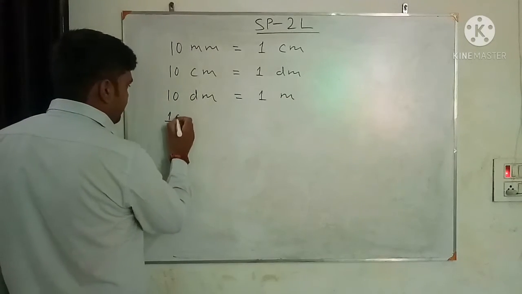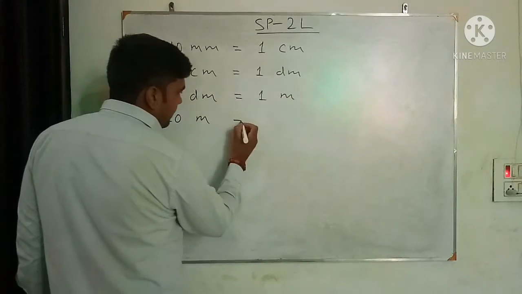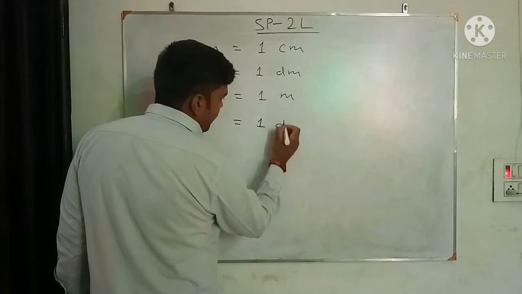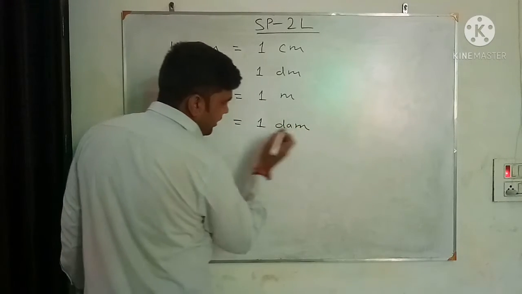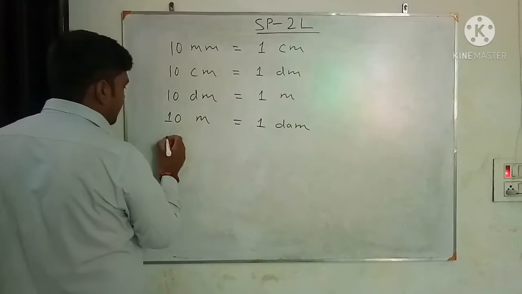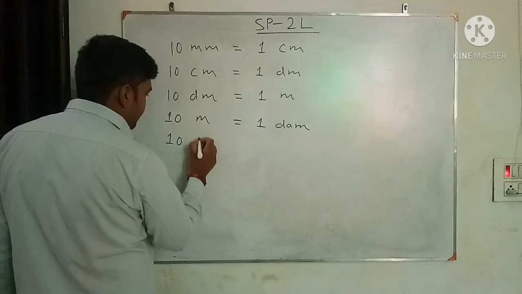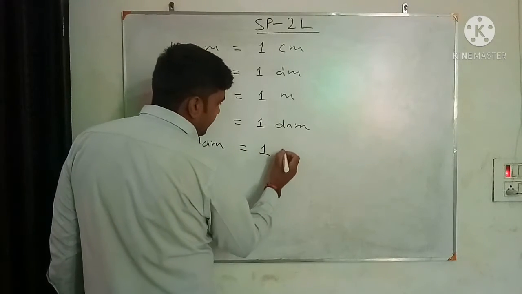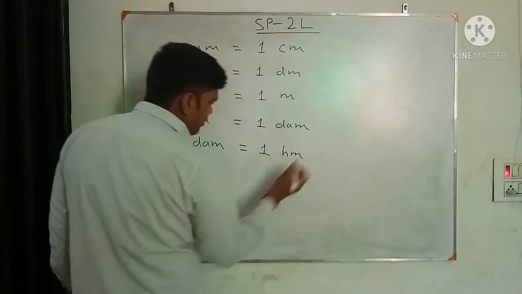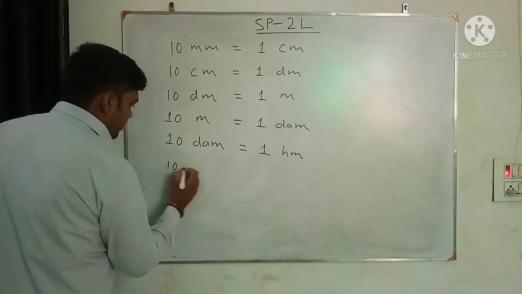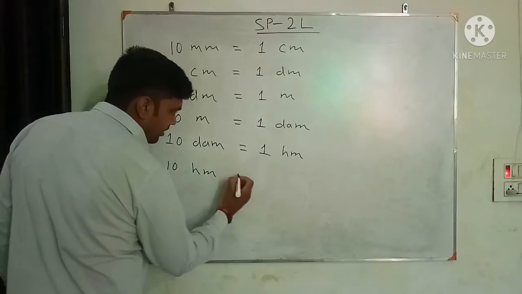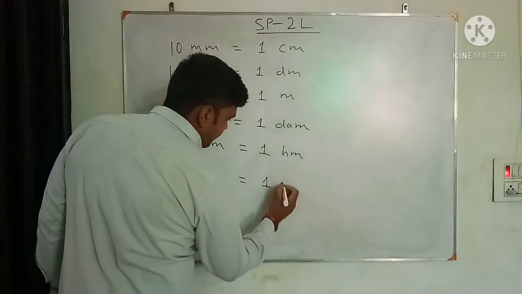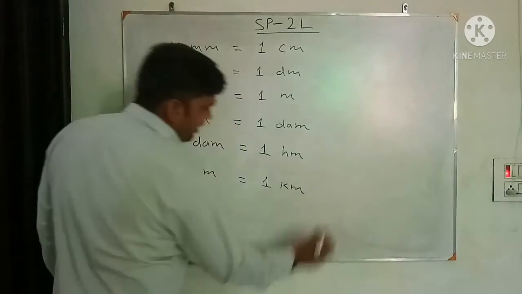Now 10 meter equals 1 decameter, dam. Now 10 decameter equals 1 hectometer, hm. Now 10 hectometer equals 1 kilometer. Kilometer is the biggest unit.